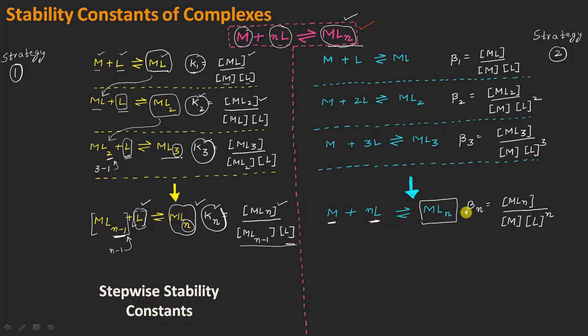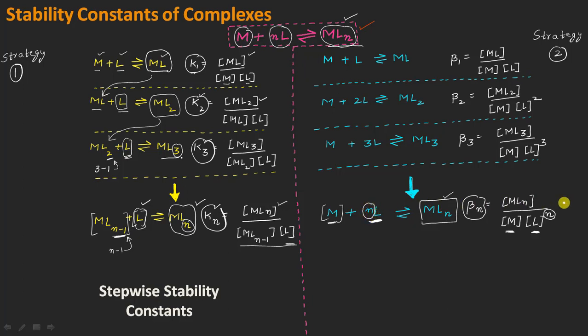So in this case, the equilibrium constant will be the concentration of the product molecules divided by that of the reactant molecules, which is the concentration of M multiplied by the concentration of the L, the ligand, raised to the power of the number of moles, which you can see is denoted by small n here, right?